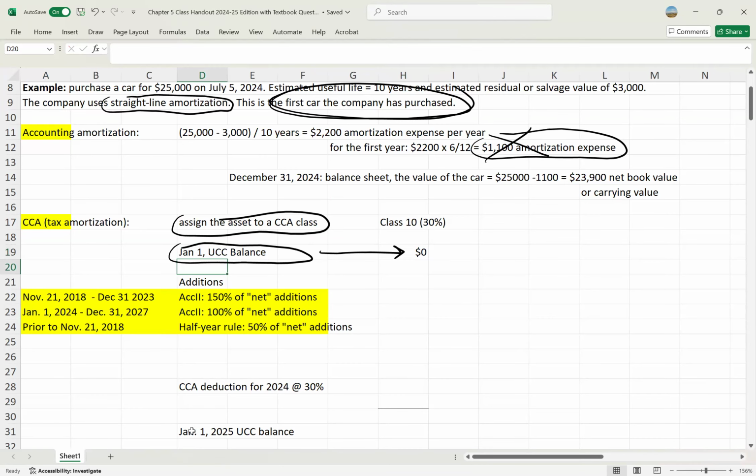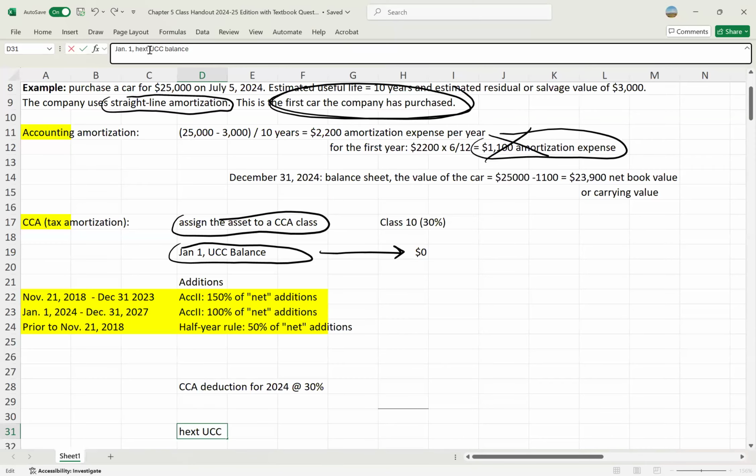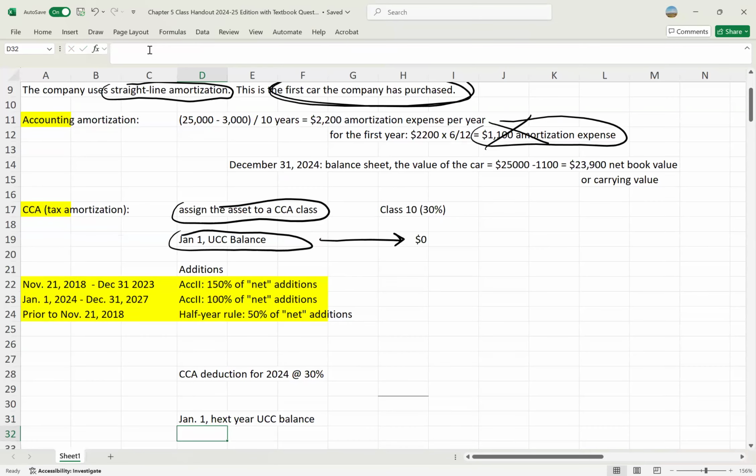And what we'll do is we'll look at all 3 methods of how this calculation would be done. So let's start with the oldest one, which is the half-year rule. So the half-year rule was basically in existence prior to November 21st, 2018.